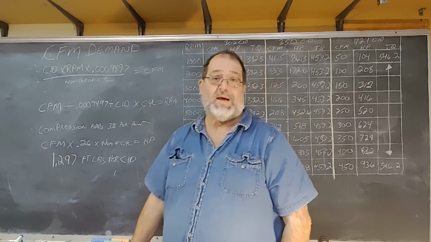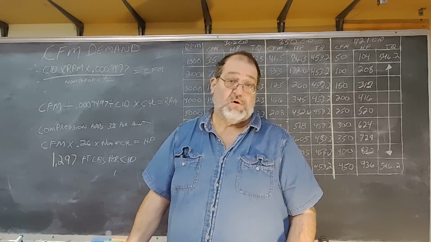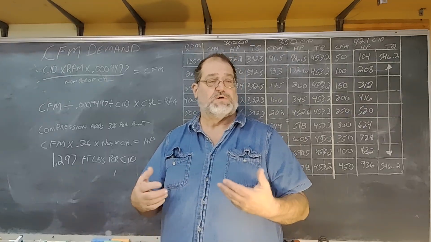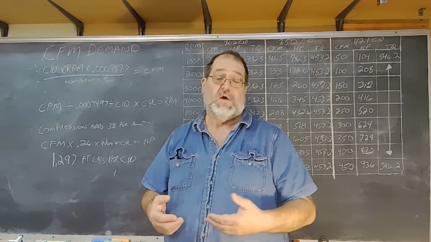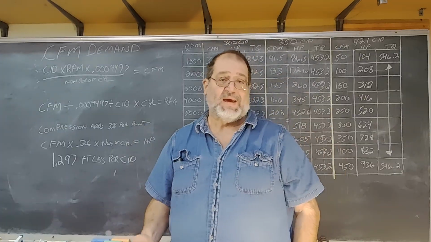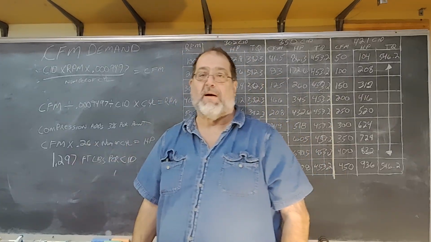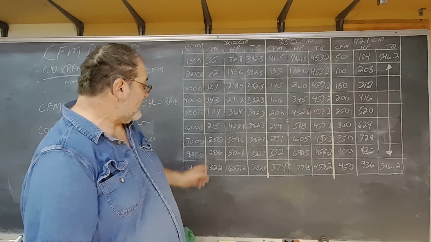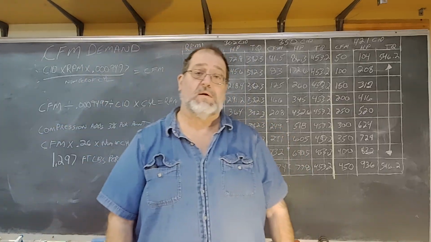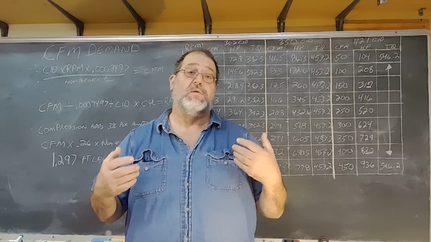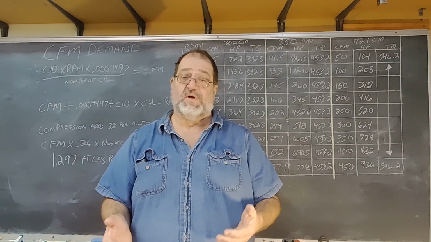That's CFM demand, and that's why you need to look at it at the beginning of your build to make sure you're not overreaching. Because if you say, I've got this big head and it flows 360 and that's going to give me big horsepower, well, you better find out where that's going to happen. And so take a look at CFM demand in your build. It's really a help to know.